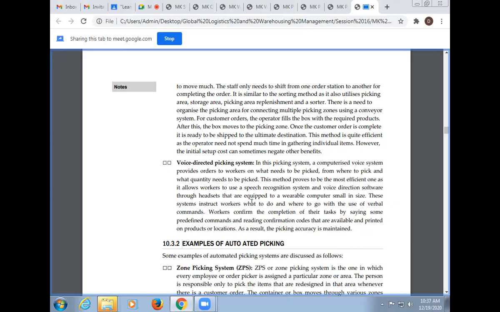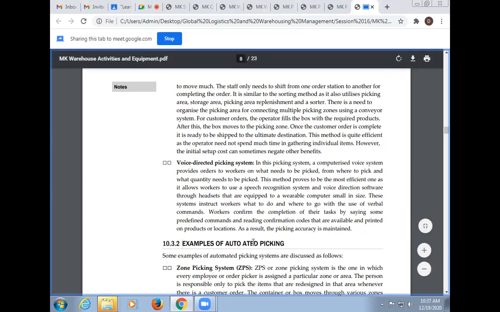You can see that in the case of multinational companies, the voice-directed picking system is in use. Workers confirm the completion of their task by saying some predefined commands and reading confirmation codes that are available and printed on the products or location. As a result, the picking accuracy is maintained.